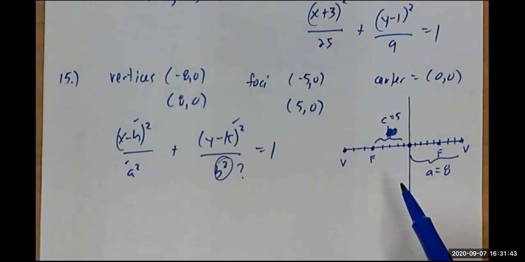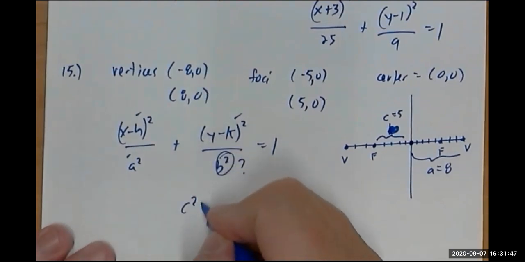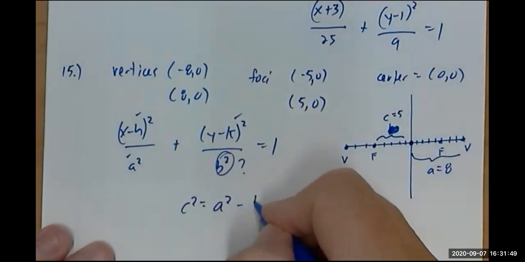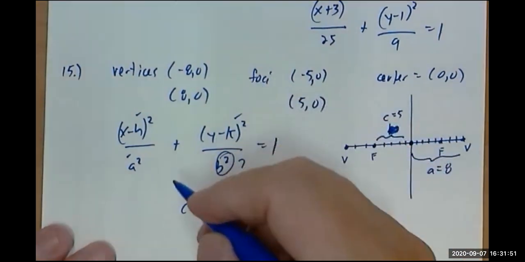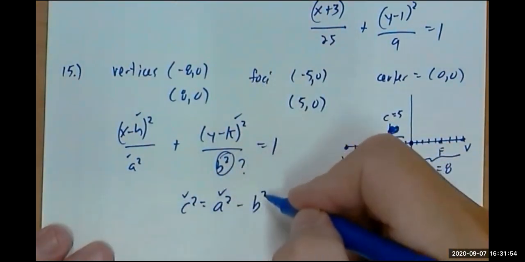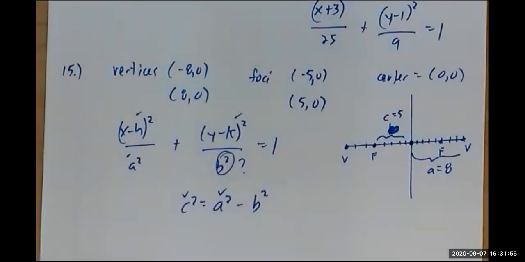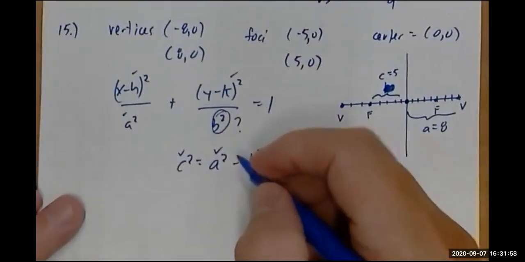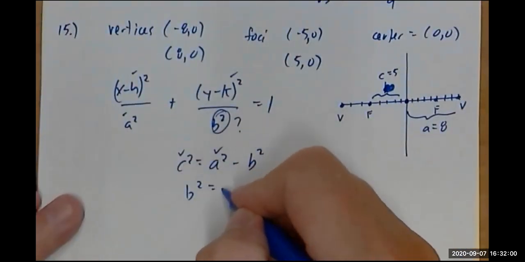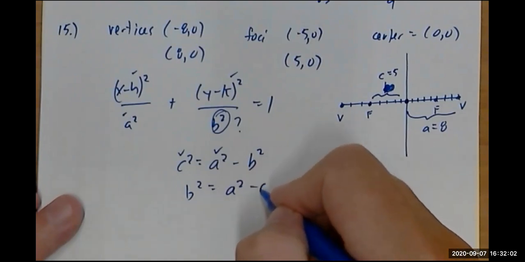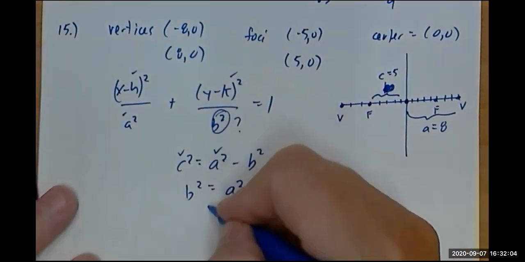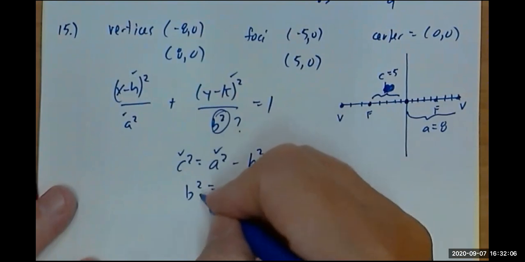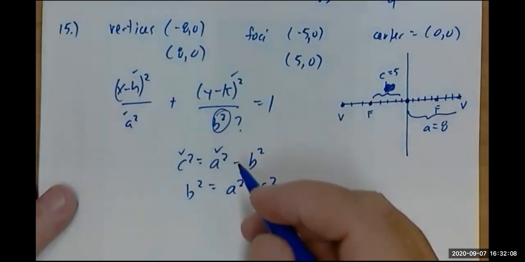However, there's a way to determine B, and that's because with the foci, we've got this equation. In this case, I know C, I know A. This gives me a way to figure out B. B squared, if I rearrange, if I add B squared to both sides and subtract C squared from both sides, B squared equals A squared minus C squared.